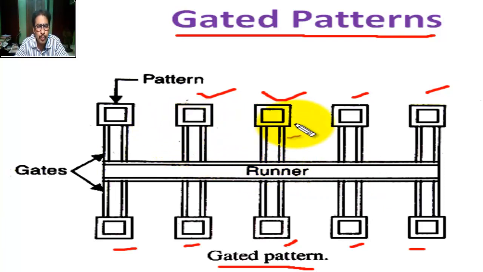Here a multi-cavity mold is prepared. Patterns for this casting are connected to each other by means of gates. These are all patterns.